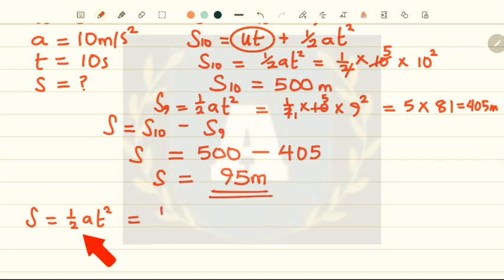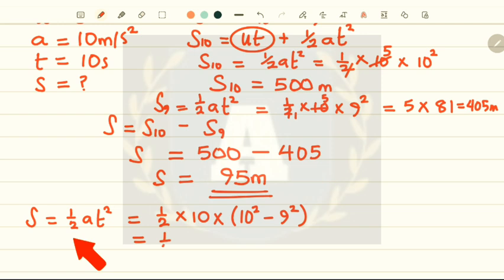That will be 1 all over 2 multiplied by the acceleration, which is 10, then multiplied by the time, which is going to be 10 squared minus 9 squared. So that will now be 1 all over 2.